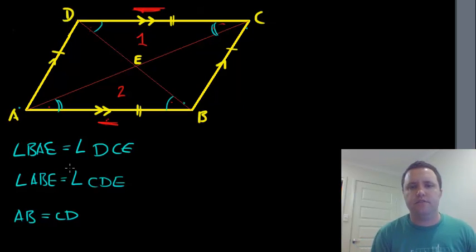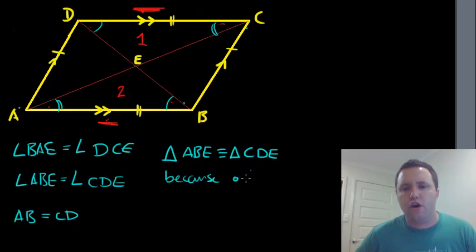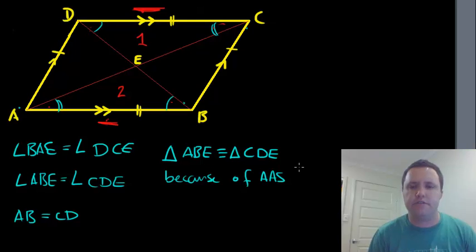So let's think about it for a moment, and we can say categorically, because of our congruence rules, that triangle ABE is congruent to triangle CDE, because of AAS, or ASA really, because it's angle side angle.